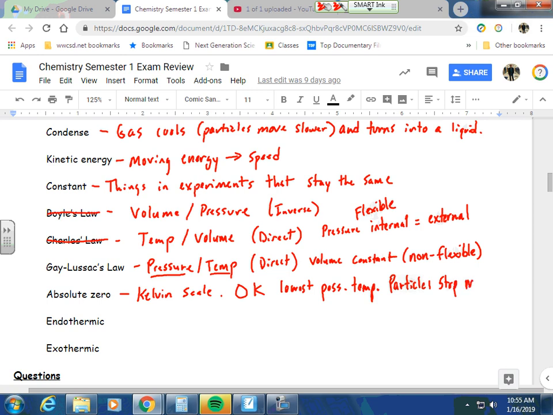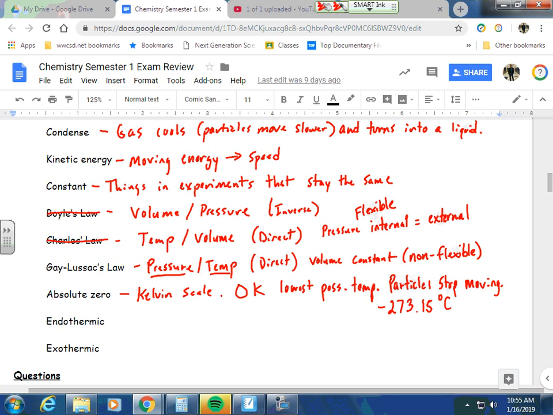So we know that as we cool particles, they move slower and slower and get closer and closer together. So theoretically, if we kept cooling something, eventually those particles would slow so much that they would stop. And that's 0 Kelvin, which we call absolute zero. It's equal to negative 273.15 degrees Celsius. So that's the lowest possible temperature.